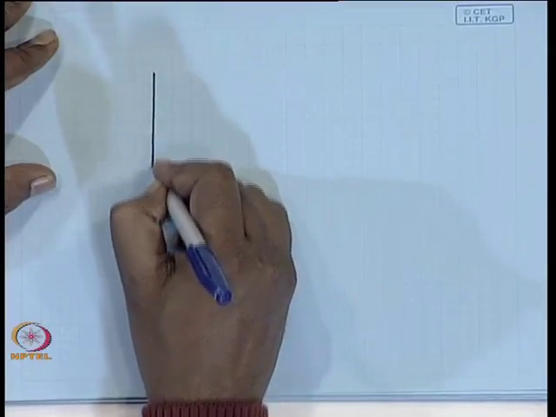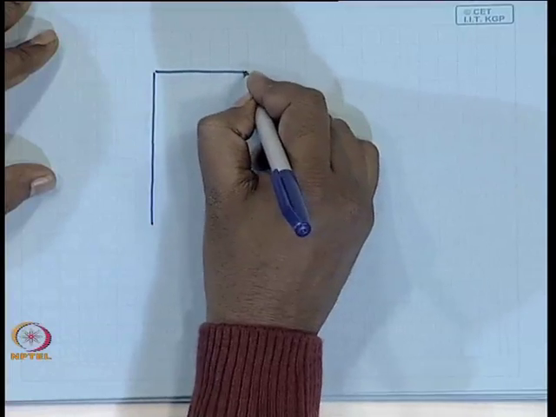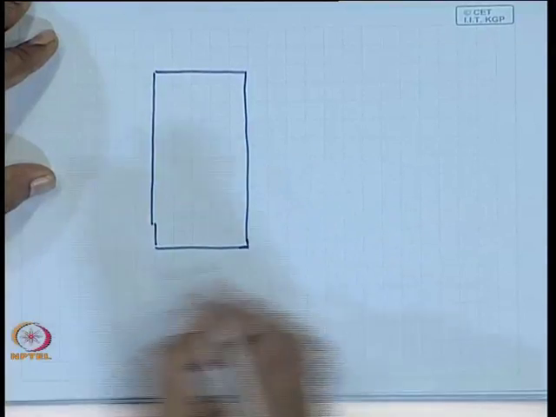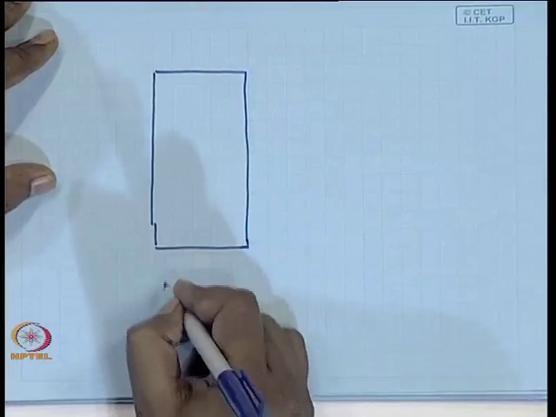So, when I have this C class classifier, I can put it something like this. So, I have a classifier. Let us assume that it is a black box. So, this is my classifier block.